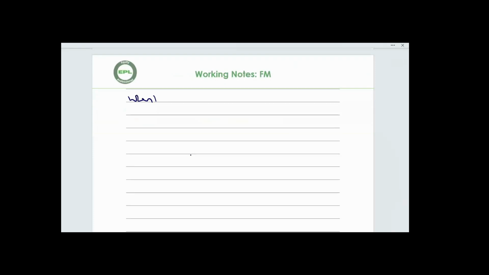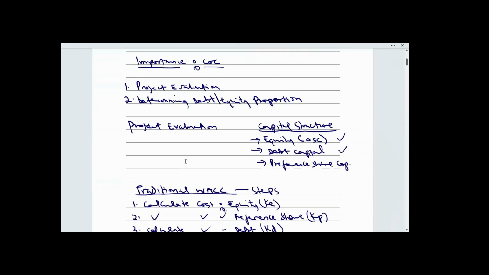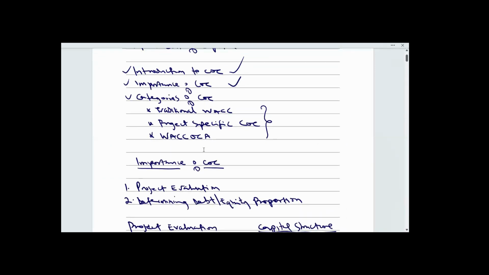When to calculate traditional WACC? Because each of the categories of cost of capital, the traditional WACC, the project-specific WACC, and the other WACC, the three of them are WACC.